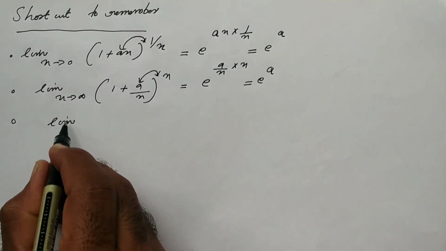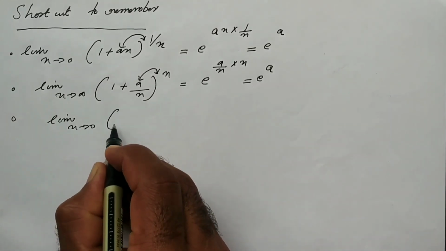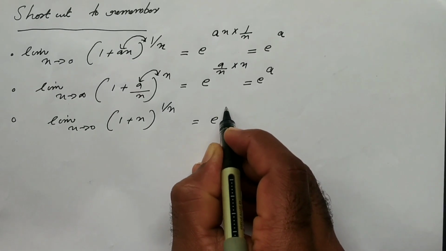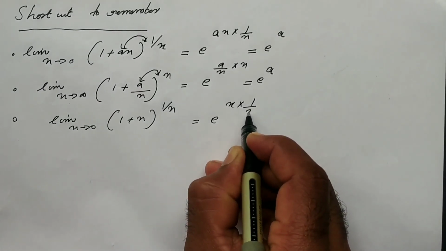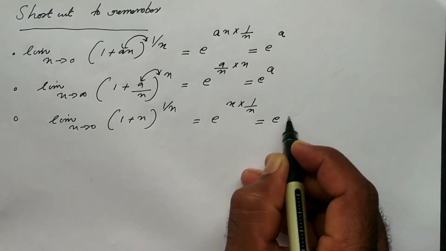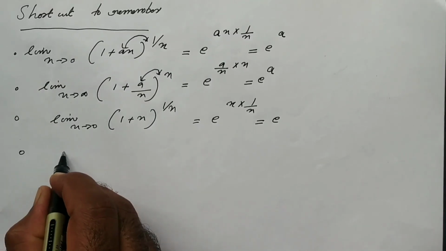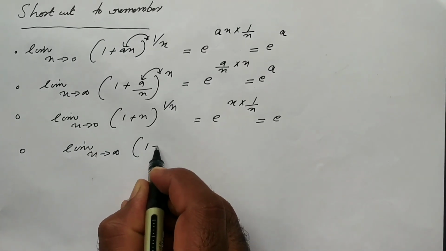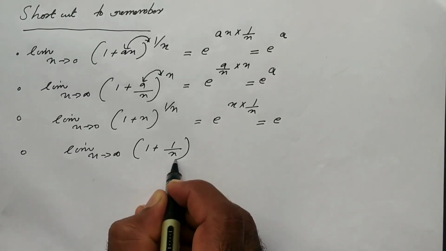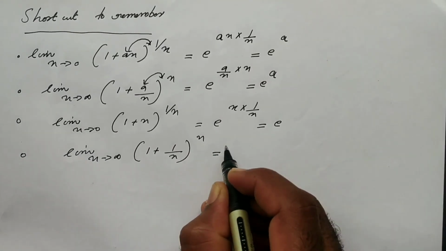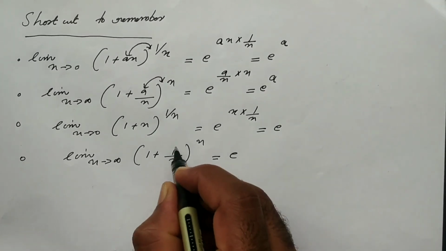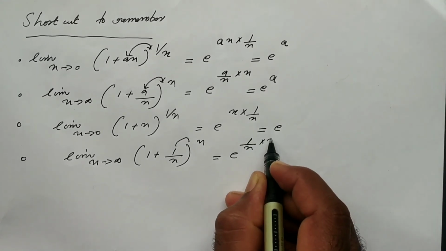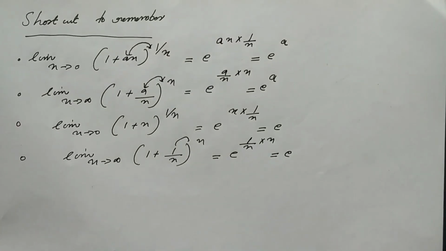If it is limit x tends to 0, (1 plus x) power 1 by x, then the answer will be e power x into 1 by x, that is e power 1 or e. If the limit is x tends to infinity, (1 plus 1 by x) power x, then the answer will be e power the product of the function here and here, that is e power 1 by x into x, which is also equal to e power 1 or e.